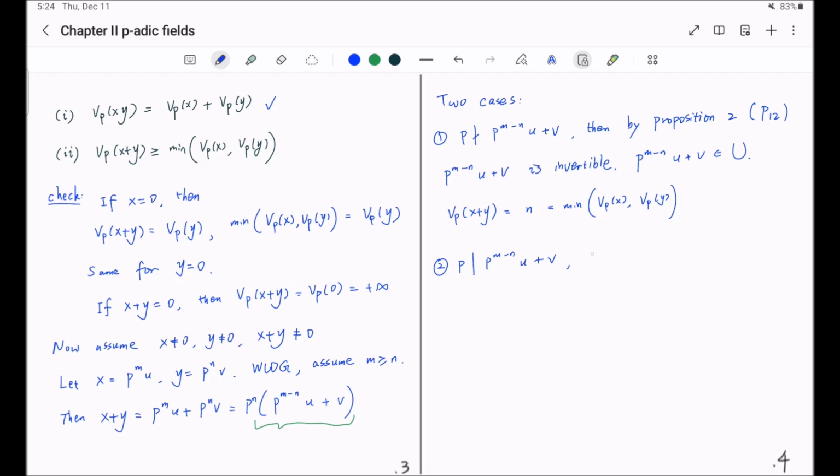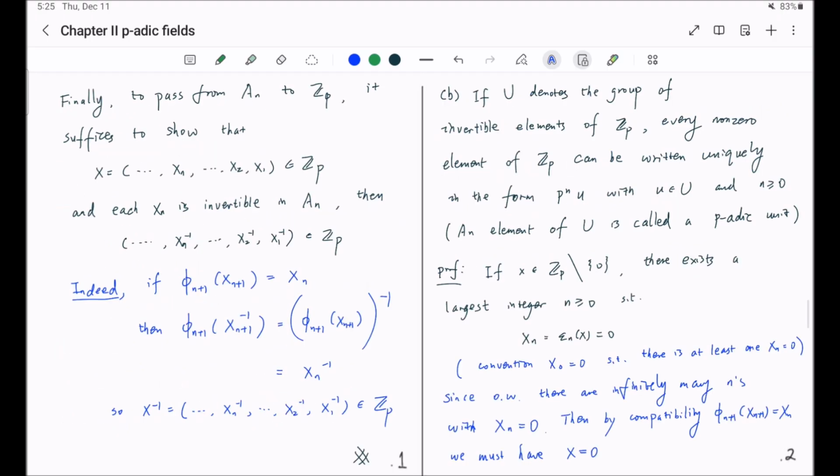And it follows that Vp of x plus y must be strictly bigger than n. Why is this so? To convince ourselves of this, we need to go to the proof of our proposition 2.